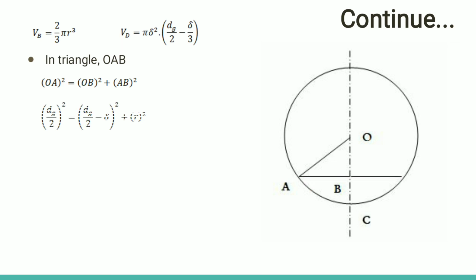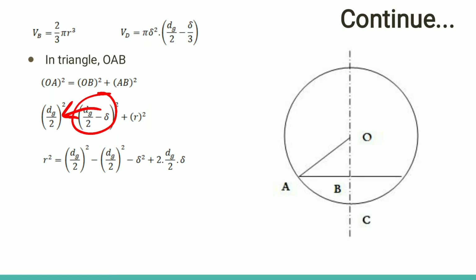So dg by 2 whole square equals dg by 2 minus delta whole square plus r square. Taking this quantity to this side, r square equals dg square by 2 minus, opening the a minus b whole square, dg by 2 whole square minus delta square, so minus minus will be plus 2ab. This term will cancel out.